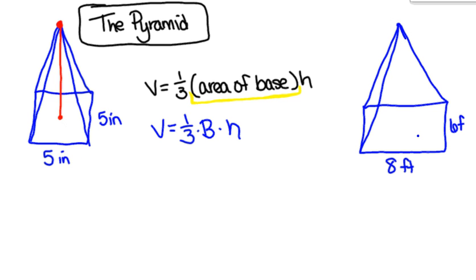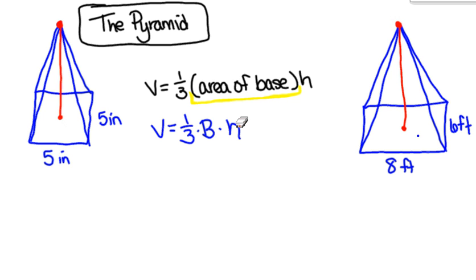And the height, again, is still that distance from the top of my pyramid down to the middle of my base. And the good thing to know is that the formula for the volume of that rectangular pyramid is still 1/3 times the area of that rectangular base times the height, or 1/3 times capital B times H.